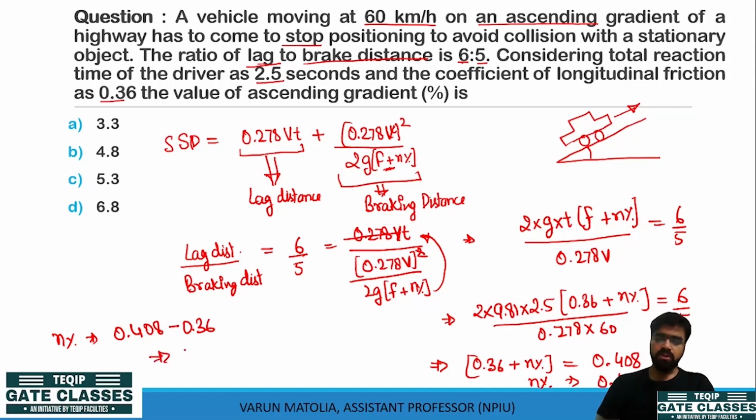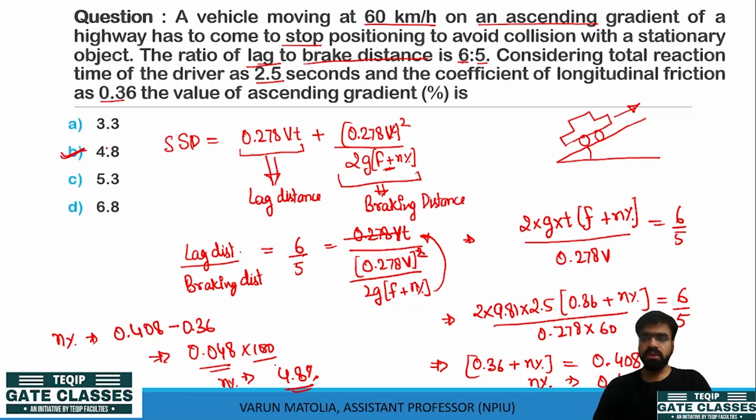This is coming out to be 0.048. So to convert it into n%, the value is multiplied by 100. So the value is 4.8%.